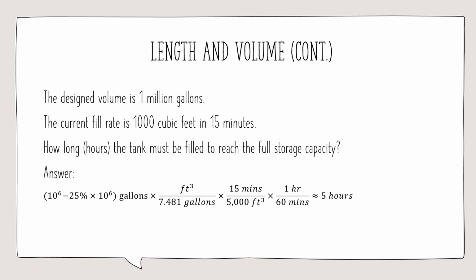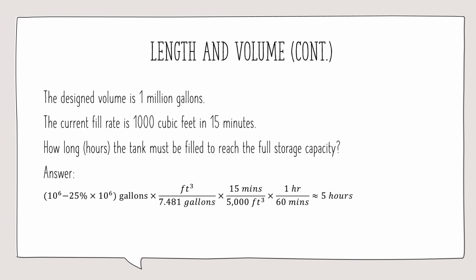First, we need to calculate how much volume of water we need to fill. So we have the desired volume of 1 million gallons, and we subtract the current volume that the tank stores, which is 25% of the million gallons. So 1 million minus 25% of 1 million in gallons, and then we divide by 7.481 to get to cubic feet, and then we times 15 minutes divided by 1,000 cubic feet so that the cubic feet cancel out.